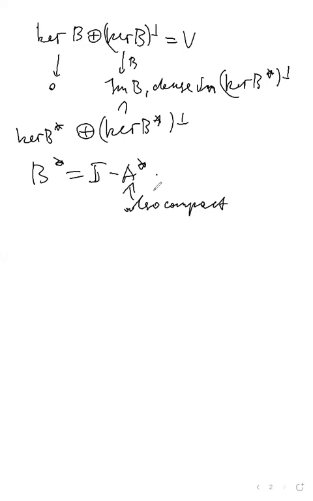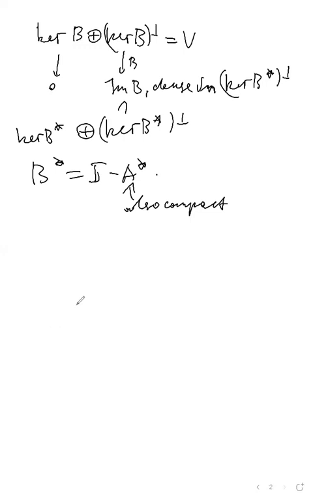Now, if I prove that the image of B is not just dense but coincides with the orthogonal complement, then the proof is finished, because the kernel of B star is finite dimensional by what we already proved.